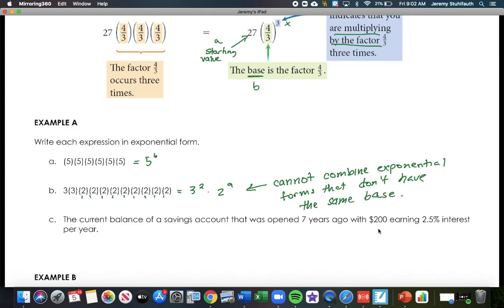Okay, so because our bases are 3 squared and 2 to the 9th power, and 3 and 2 are not the same base, we cannot combine them, so we just leave it as an expression written like that.